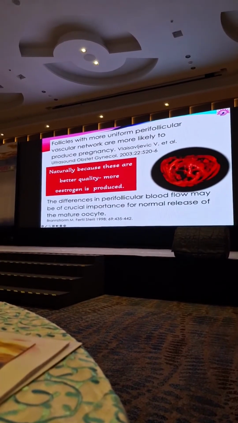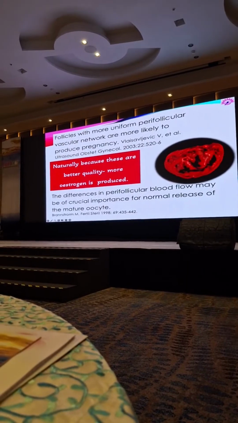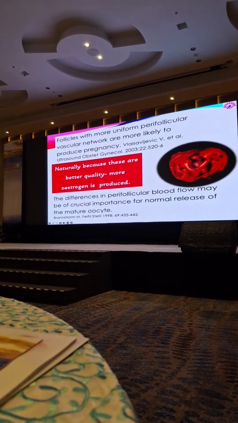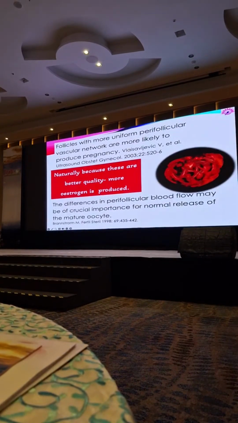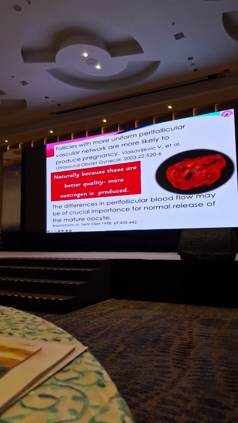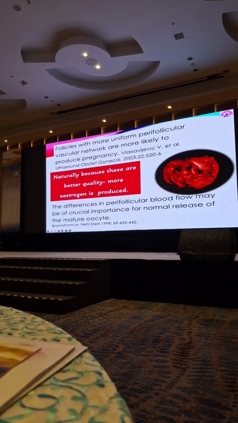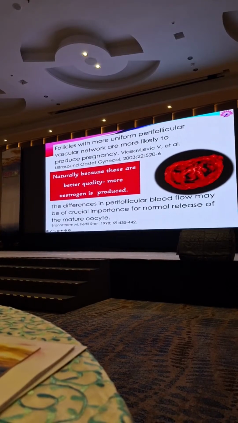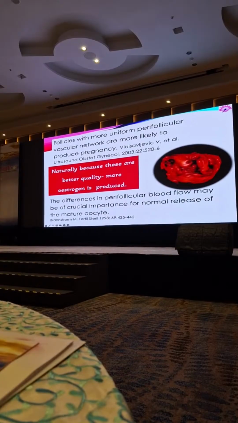So this blood flow, where the RI is less than 0.5 and the PSV is more than 10 centimeters per second, the vascularity should cover at least 2/3 to 3/4 of the follicular circumference, not the entire follicle, because that is a natural process to prevent unnecessary hemorrhage into the peritoneum, from the point which is called the apex of the follicle, from where the oocyte cumulus complex is going to be released.